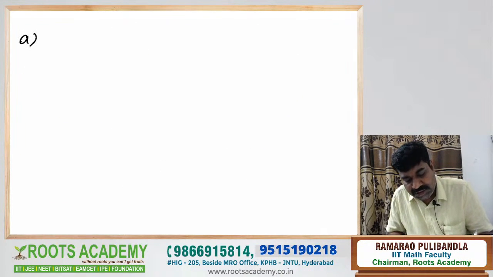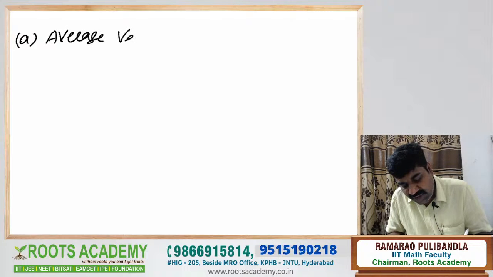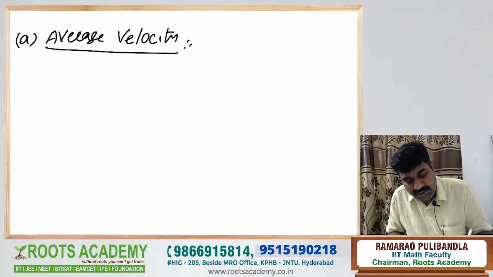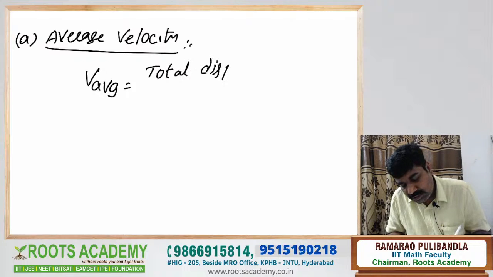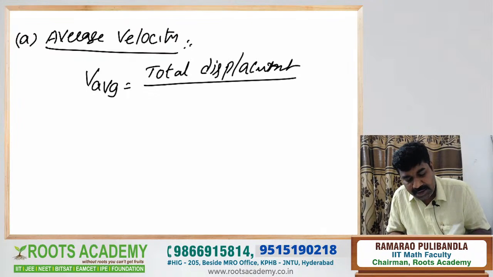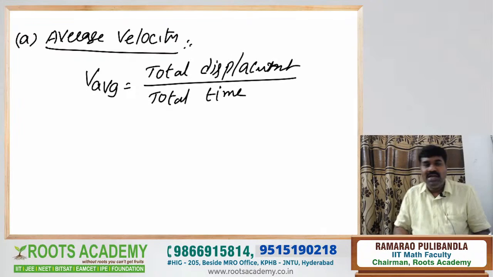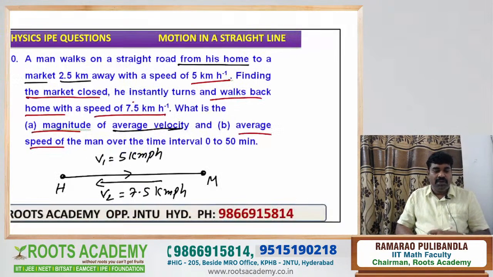Average velocity is equal to total displacement by total time taken. What is the total displacement of the body?